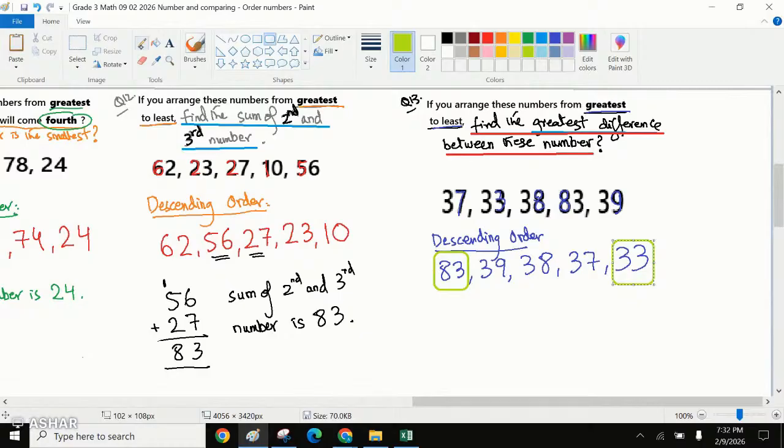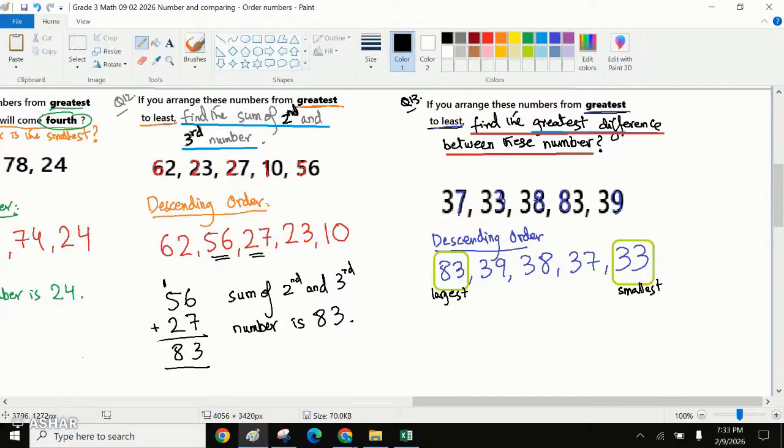Descending means that the first position is taken by the largest number and the last position is taken by the smallest number. Do we agree on that? Right? So if I asked you what is the largest number, you give me 83. If I asked you what is the smallest number, you will say it is 33.